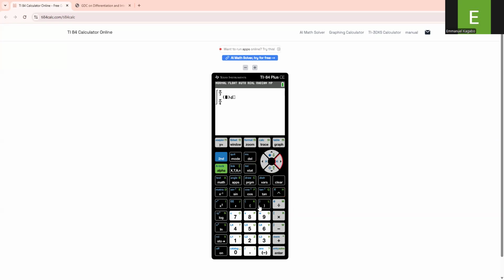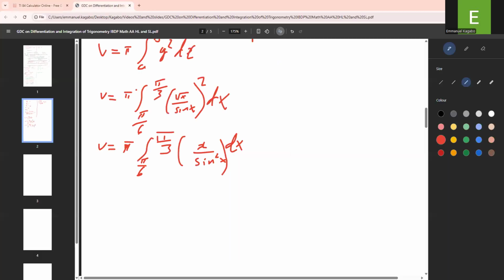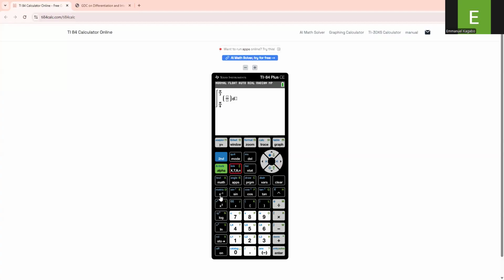Okay, good. Now, what do we have in brackets? We have x, only x, guys. Let me double check. So we have x over sine squared x. Okay, good. So we are going to have x over, bracket sin x, close the brackets, then power 2, then dx.